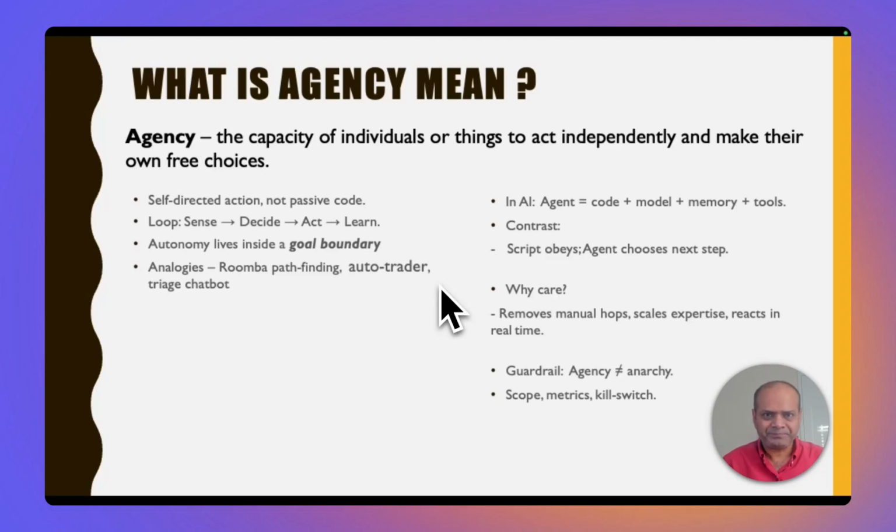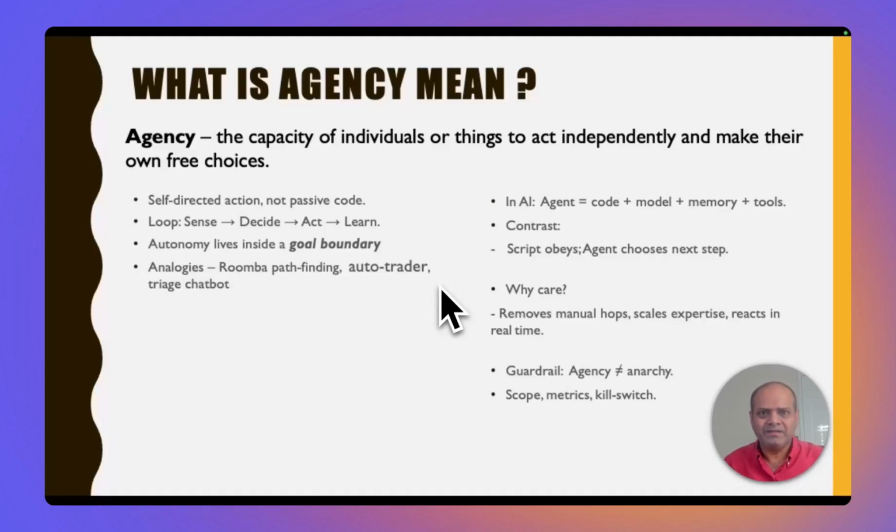In AI, whenever you say it's an agent, it's code, memory, a model plus some set of tools, which we'll cover later. In contrast to traditional software, where you have a script which just obeys what you have designed it for, an agent chooses its own next steps and makes decisions to achieve a goal.